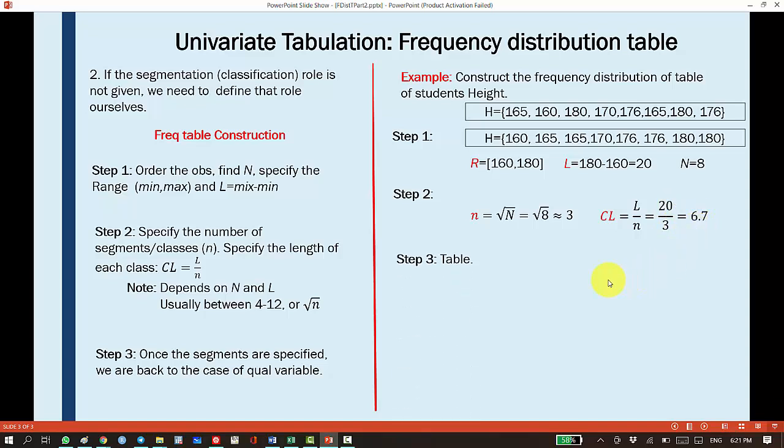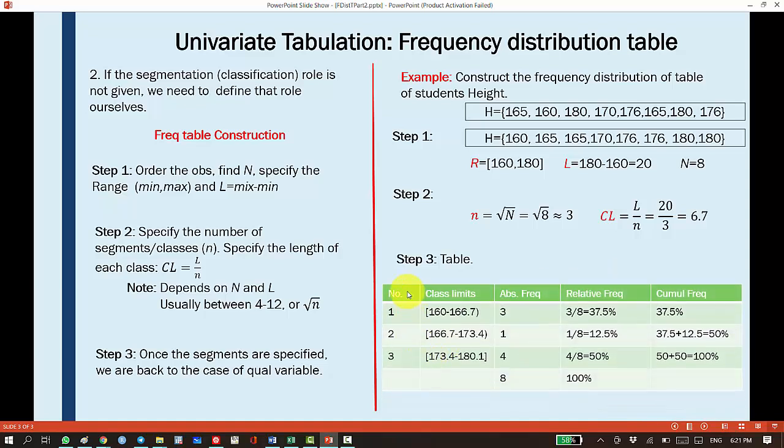Now we construct the table. In the table, of course, we have 3 classes based on small n: class 1, class 2, and class 3. And we have to specify the limits of each class. The first class starts from the smallest observation and ends at the smallest observation plus the length of the class.